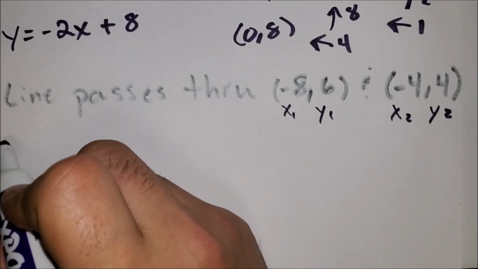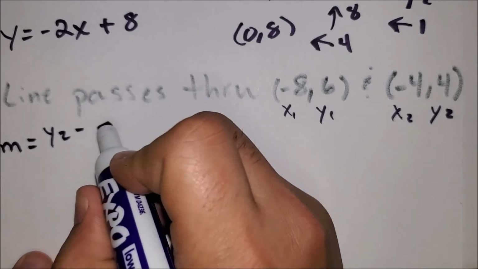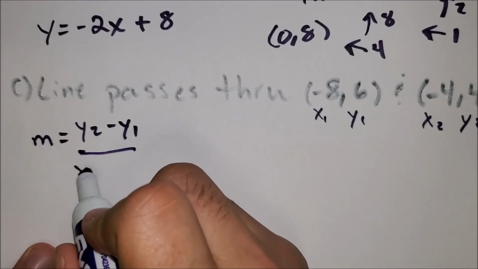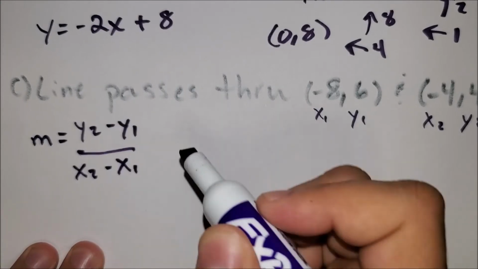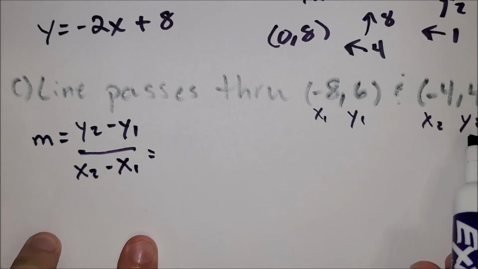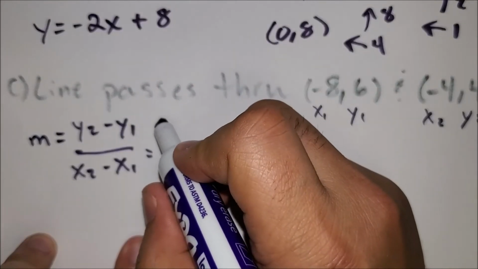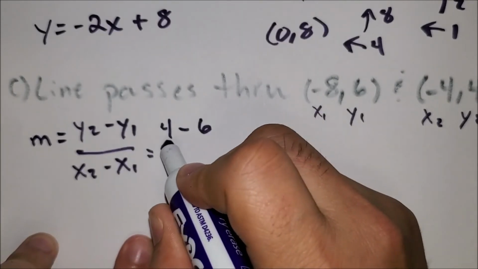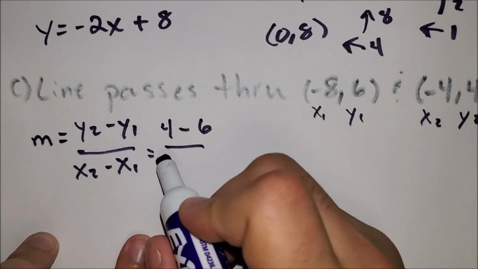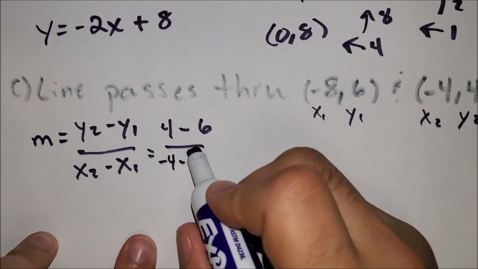And we're going to start with our slope equation. m equals y2 minus y1 over x2 minus x1. y2 is 4, y1 is 6, so that's 4 minus 6. x2 is -4, x1 is -8.